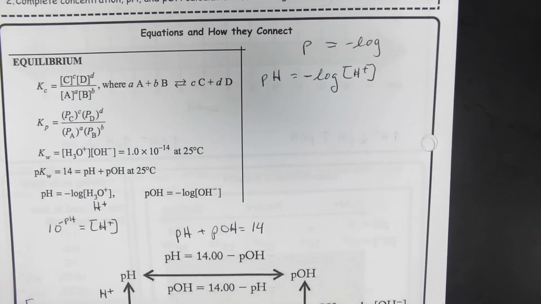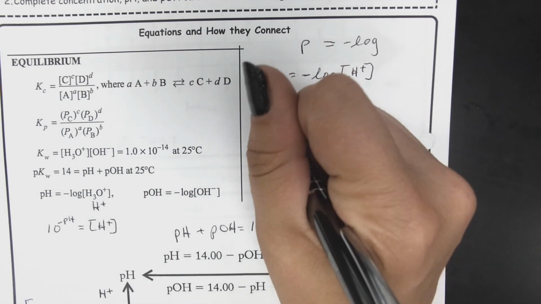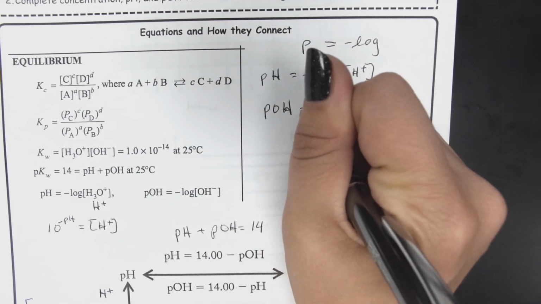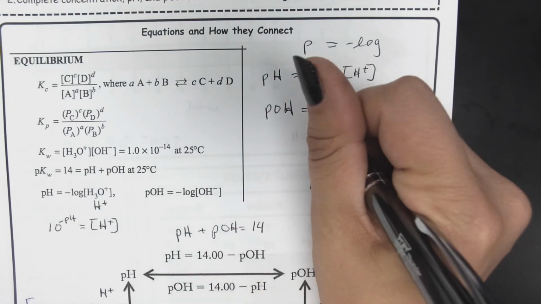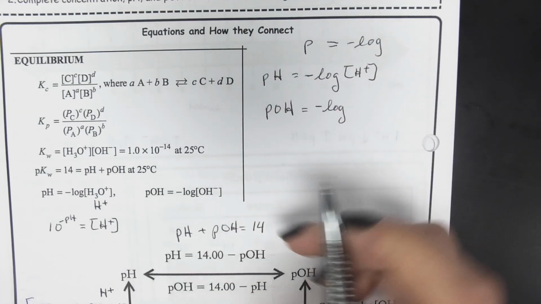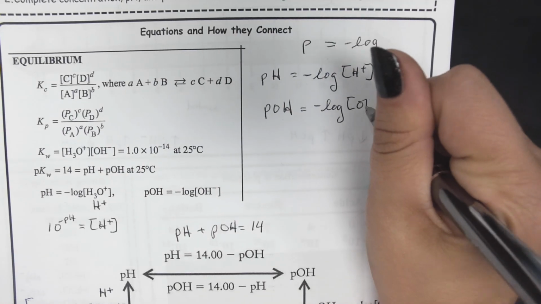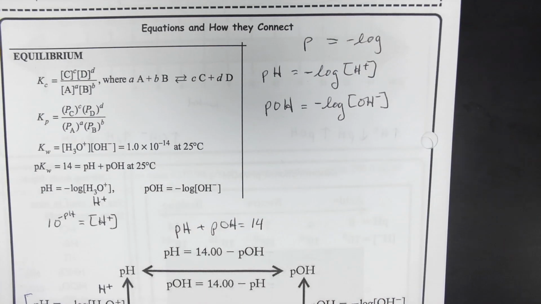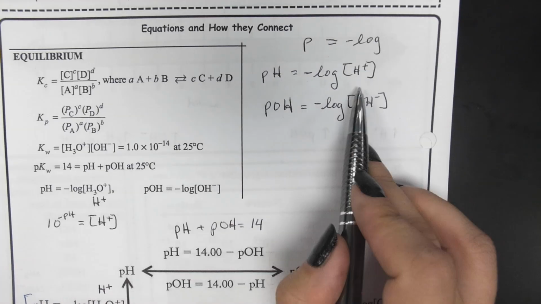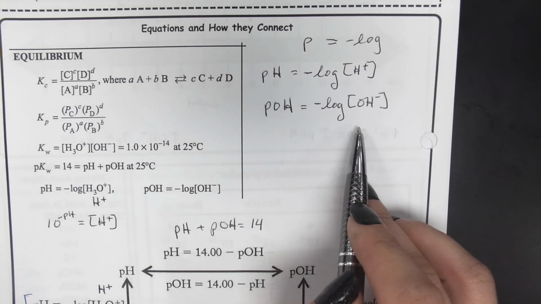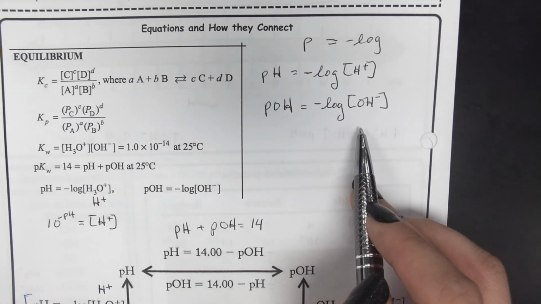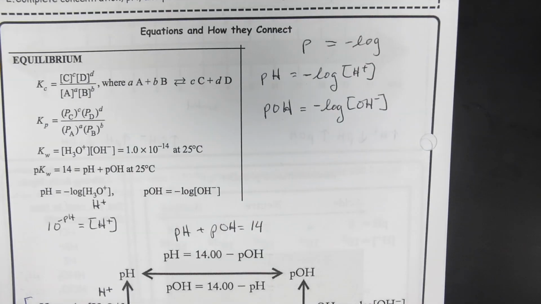So pH is equal to the negative log of H+. Same with pOH. Remember, P means negative log? And this time it's the negative log of OH, so it's going to be the concentration of that OH-. If we have more H+, it's acidic. If we have more OH-, then it's basic.